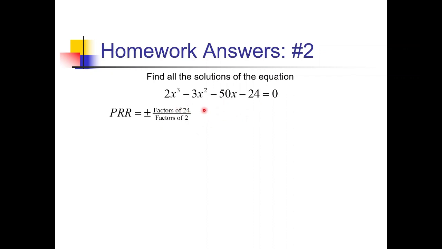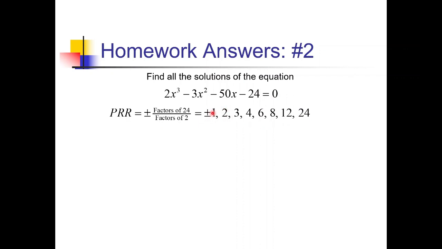So 24, I can get that by multiplying 1 times 24, and then 2 is another factor. 3 times 8, 4, and 4 times 6 gives us that pair. And then we had 3 times 8, 2 times 12, and then 1 times the original number, 24. Now I can also do all of these numbers divided by the other factor of 2, which is 2.